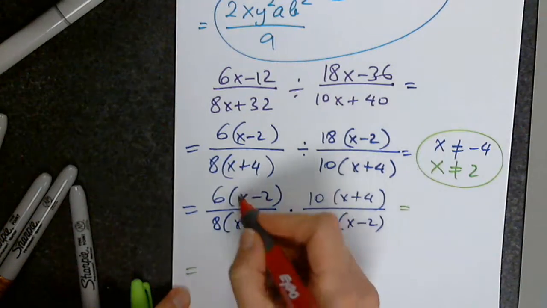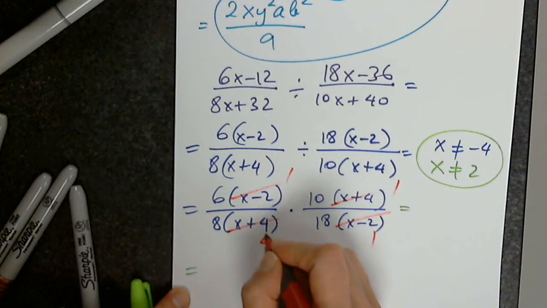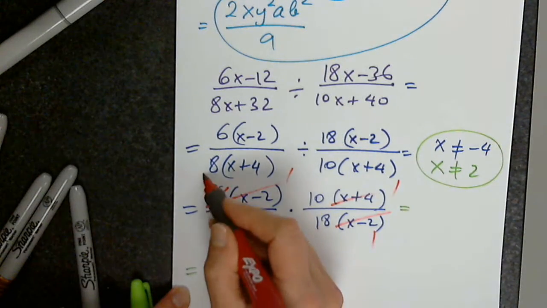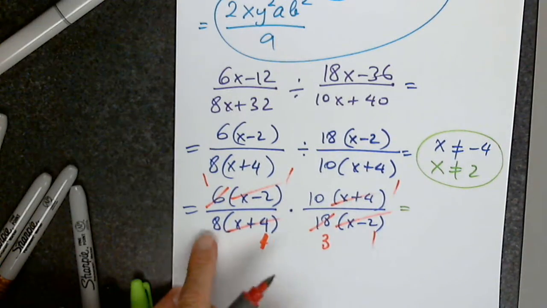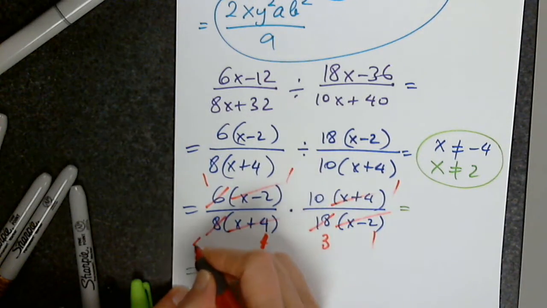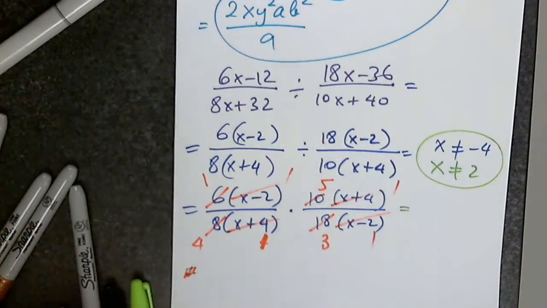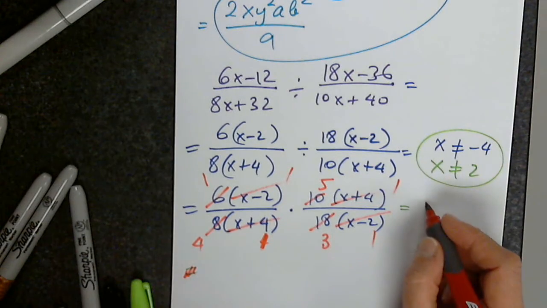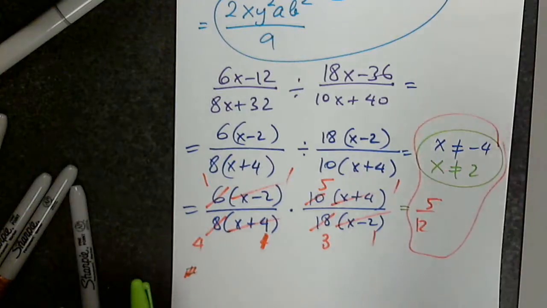X minus 2 and x minus 2, x plus 4 and x plus 4. It's 1, not 4. And I simplify 6 by 6 and I get 3. And then 8 and 10 by 2. And what is the simplified form? 5 over 12. And this is the correct answer.